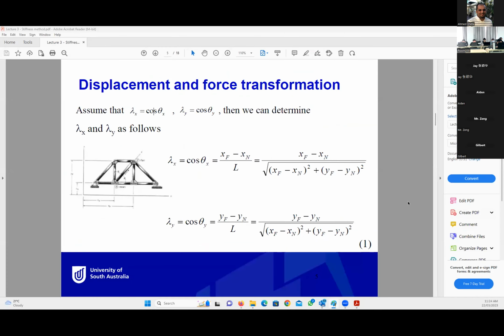Here you can see that lambda x equals xf minus xn over the root, and lambda y will be yf minus yn divided by the root of xf minus xn squared plus yf minus yn squared. Do you have any question about these two equations or this derivation?